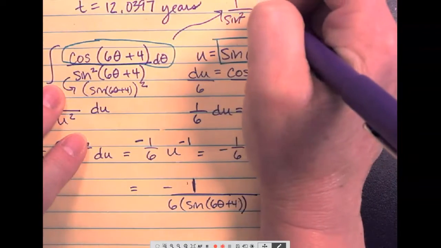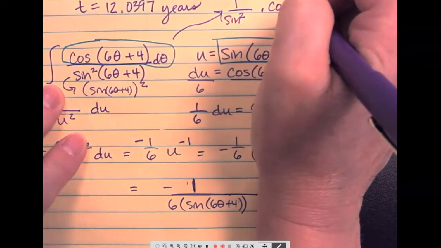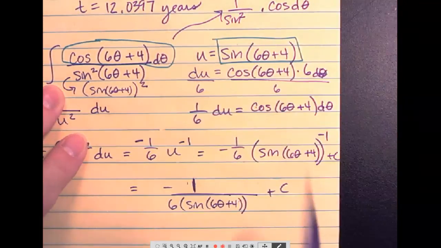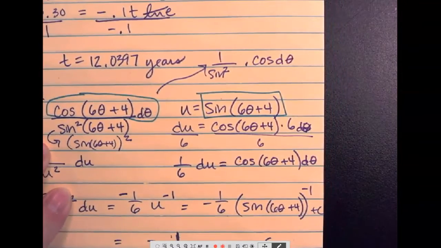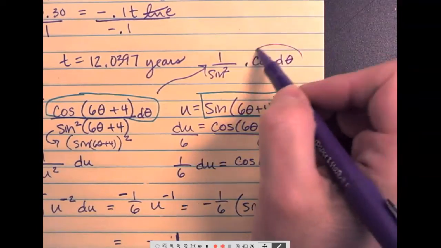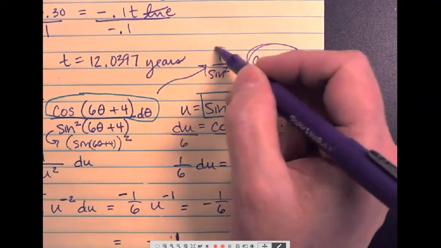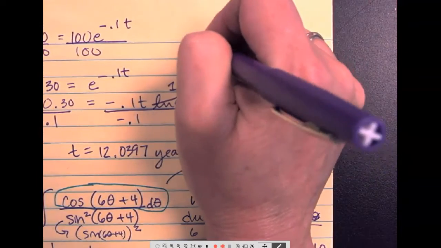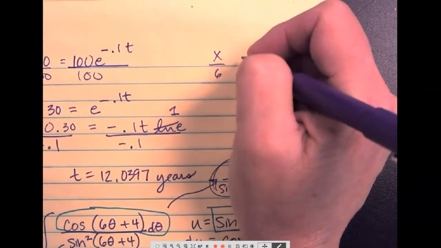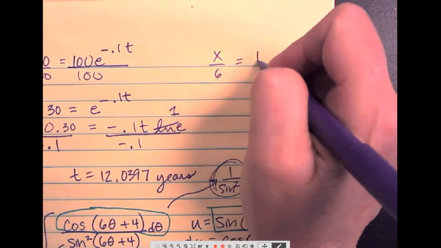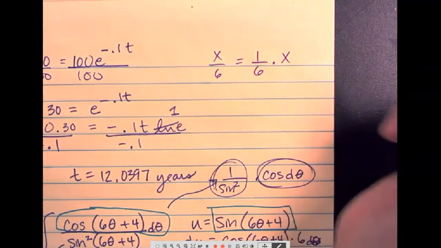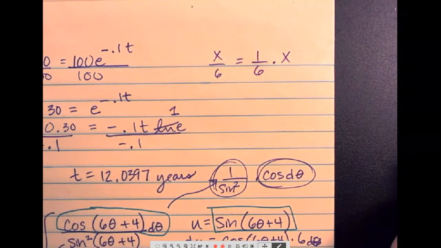I'm just going to leave it as sine squared times cosine d theta. So this part right here is your du. It's just like if you had x over 6. That's the same as 1/6 times x. Same thing.